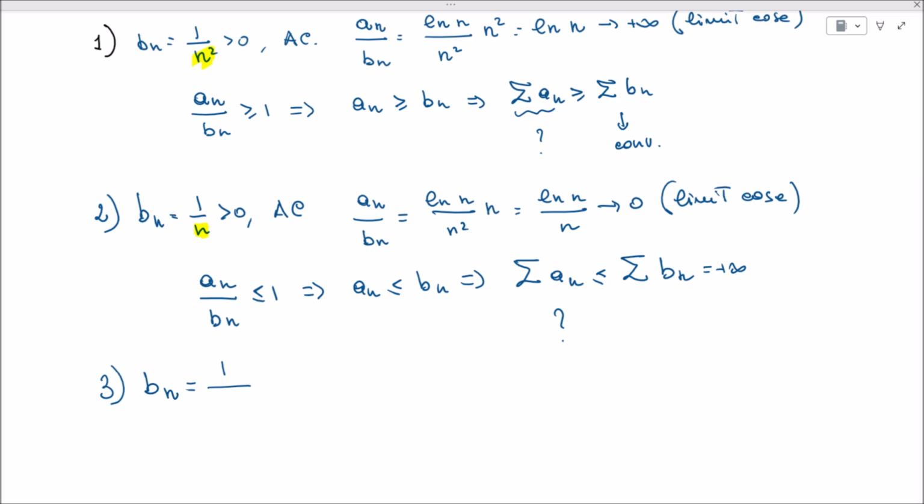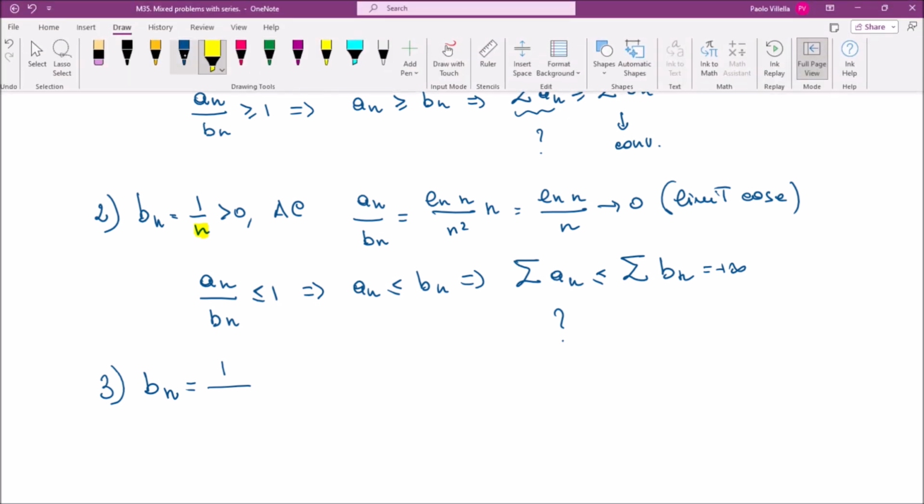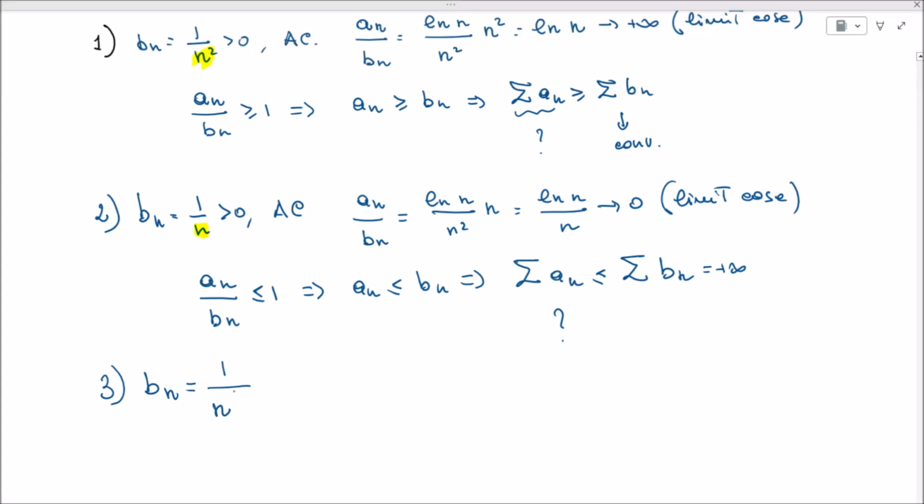So we can think of something like this. We can think of comparing the sequence with 1 over n square root of n.